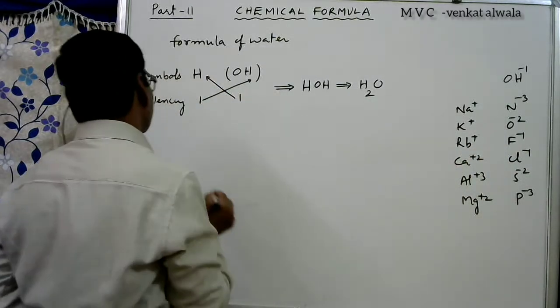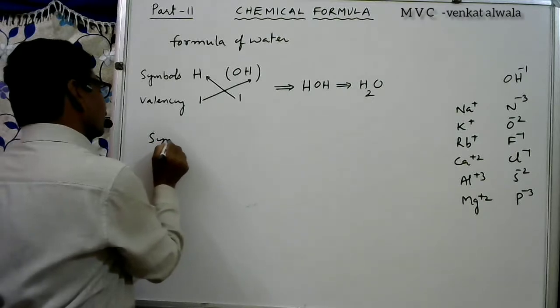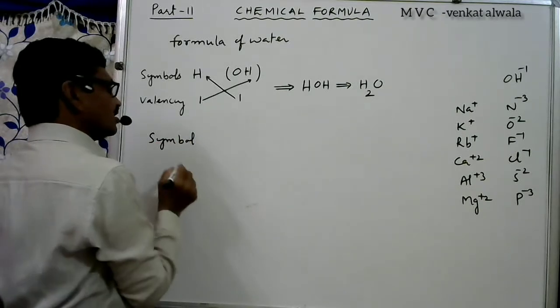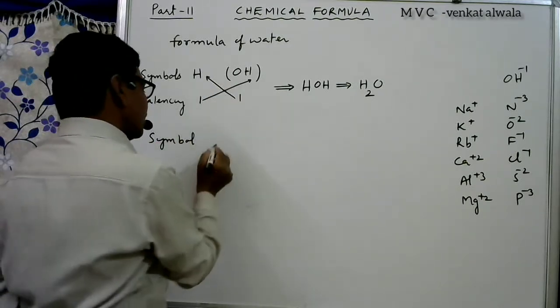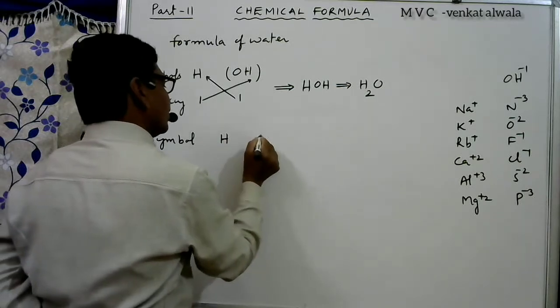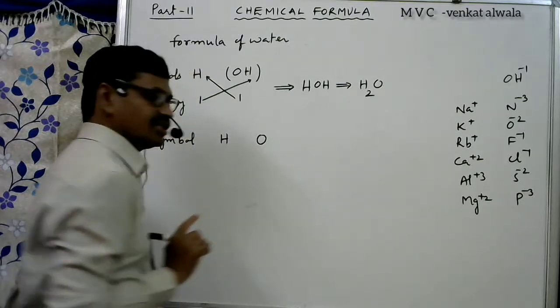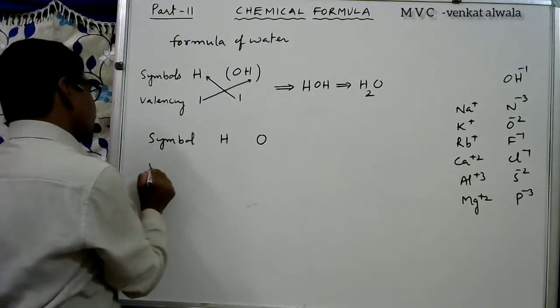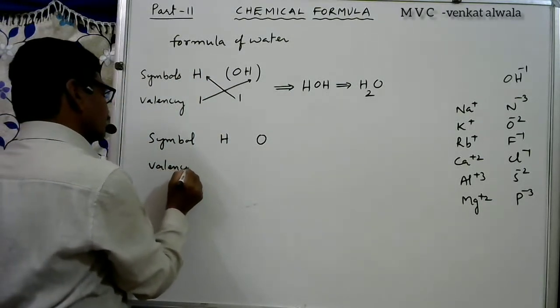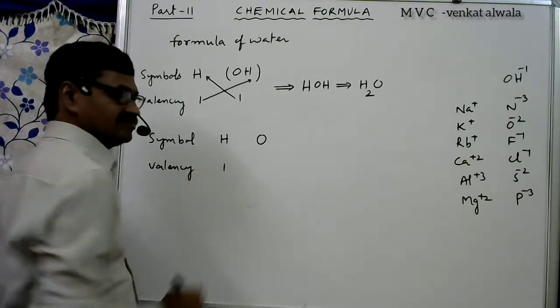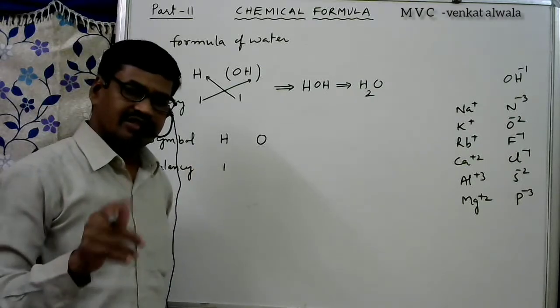A simpler way: here I already wrote O minus 2. So I am writing the symbols another way. Instead of taking the OH group, I am taking hydrogen and oxygen, the compound formed by hydrogen and oxygen. What is the valency of hydrogen? The valency of hydrogen is 1, because the hydrogen atomic number is 1.